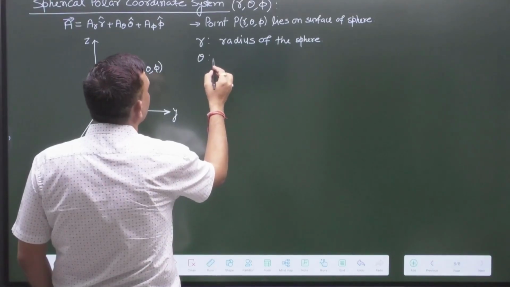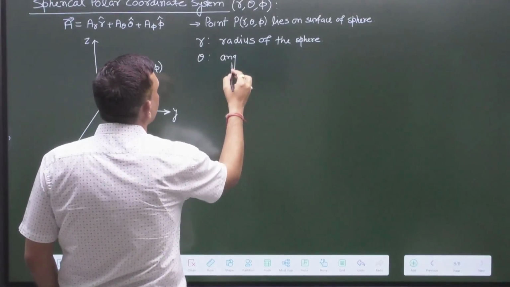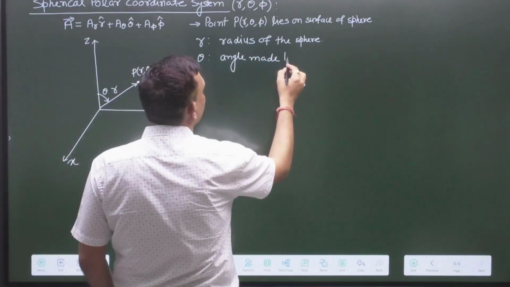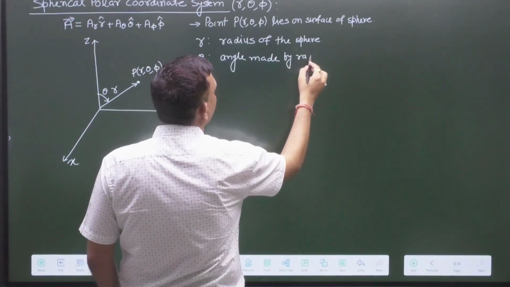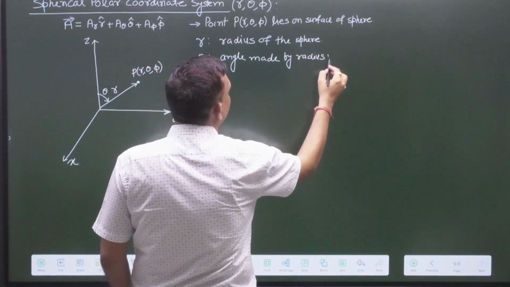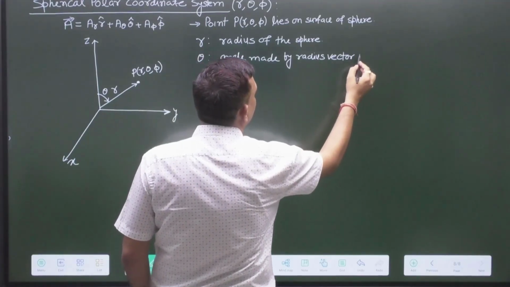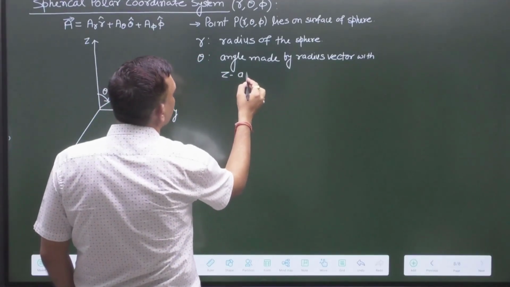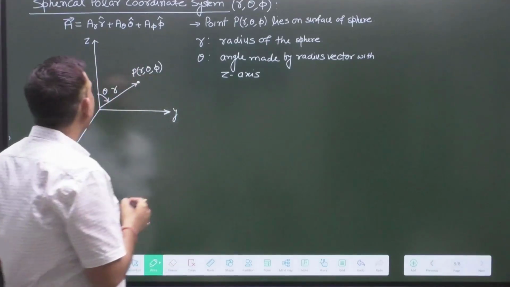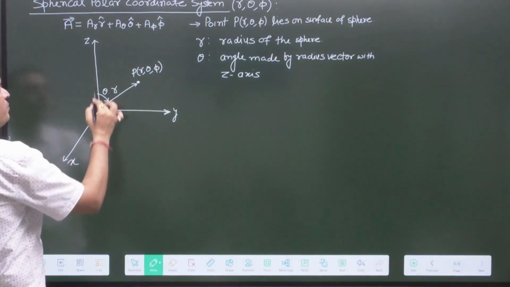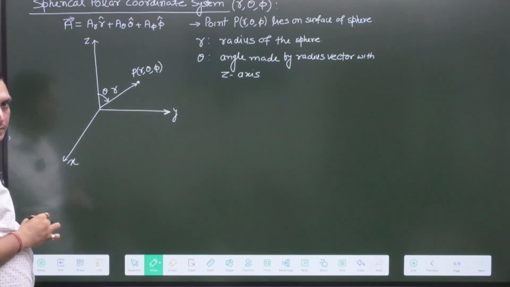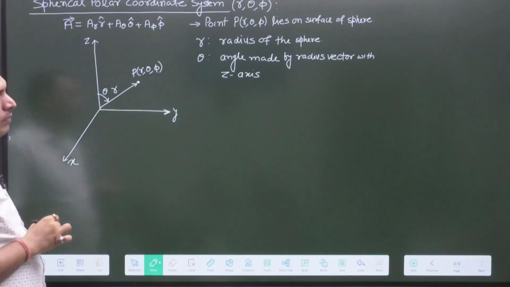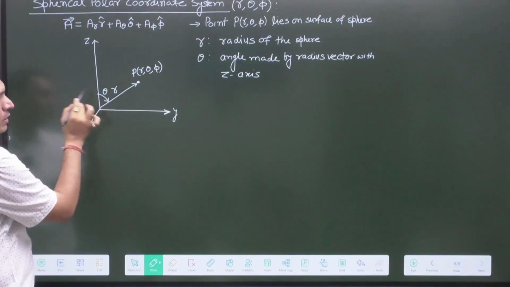Theta is the angle made by the radius vector with the z-axis. This is the radius vector which makes an angle theta with the z-axis. And this arrow shows the positive direction of theta.